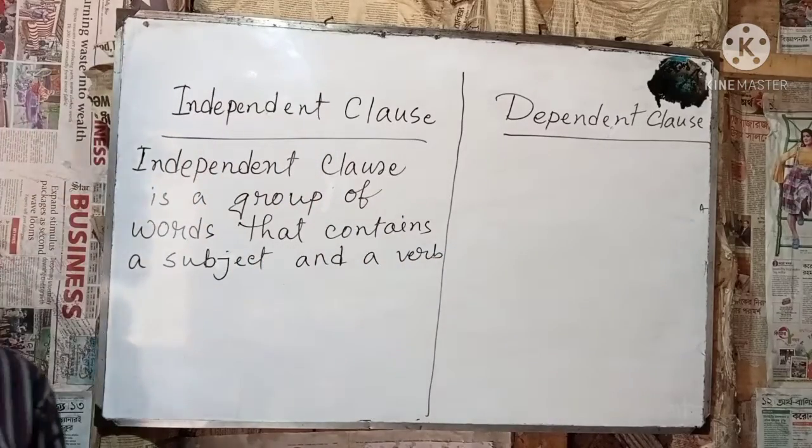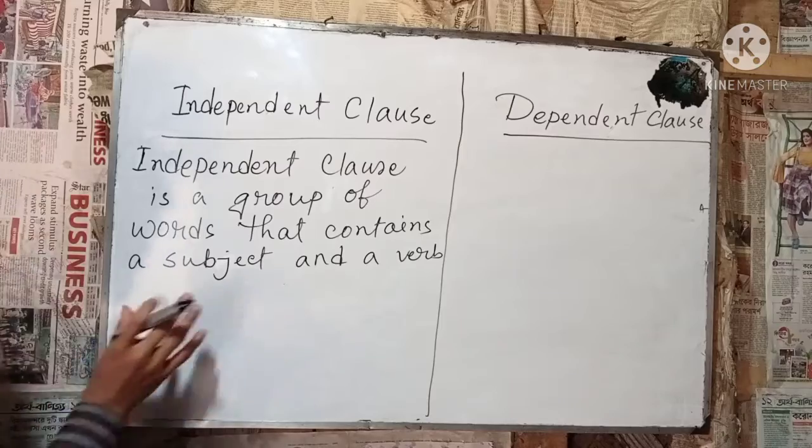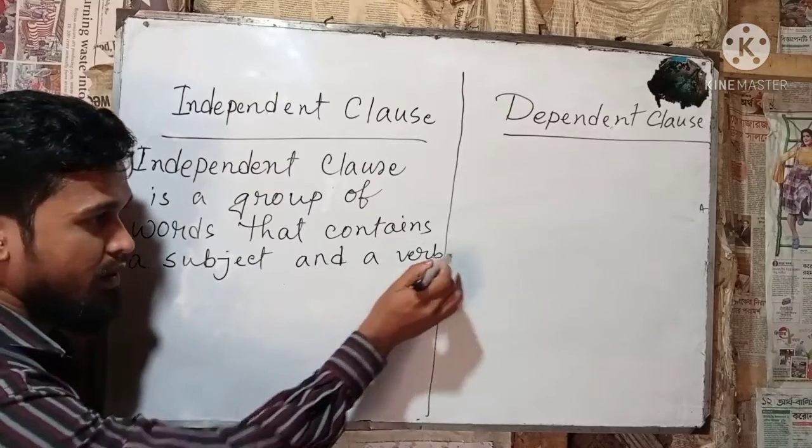An independent clause is a group of words that contains a subject and a verb.